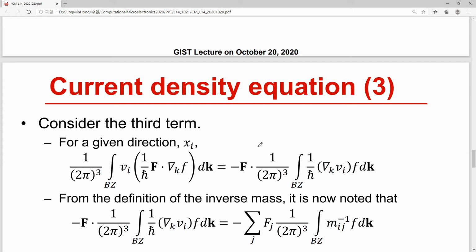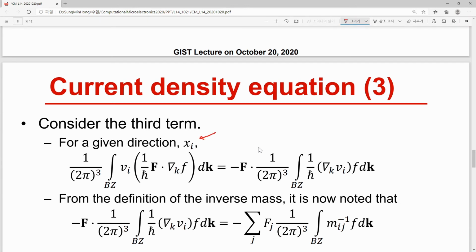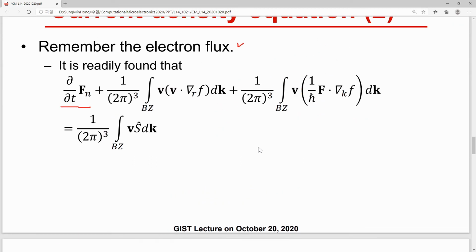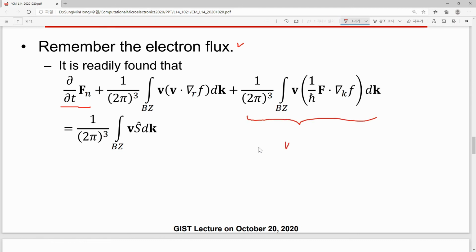One thing we have to keep in mind is that now we have multiplied by the velocity. Velocity is a vector, so we have to think component-wise. When we consider the third term, now it has v, so eventually this integrated quantity will be another vector.